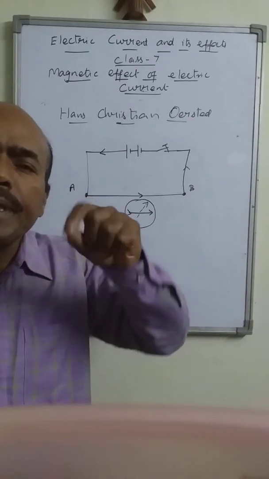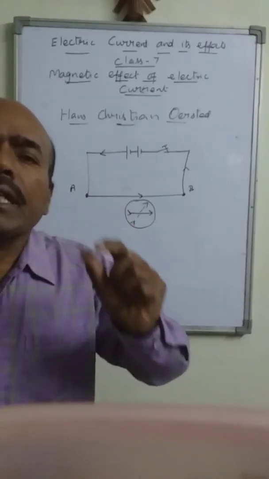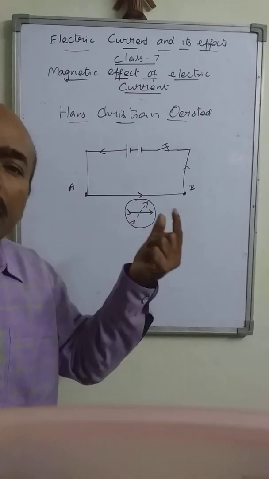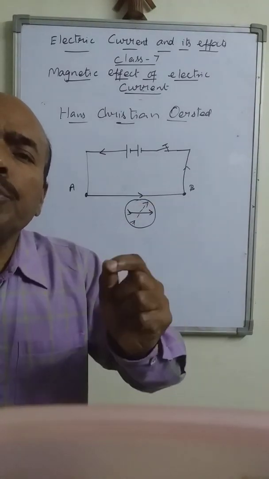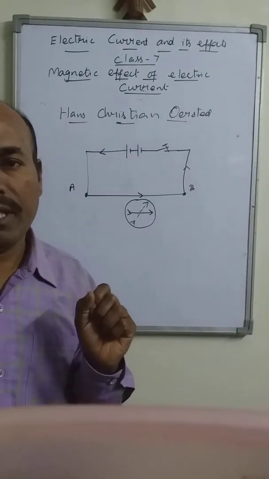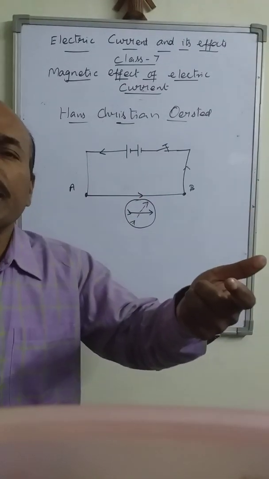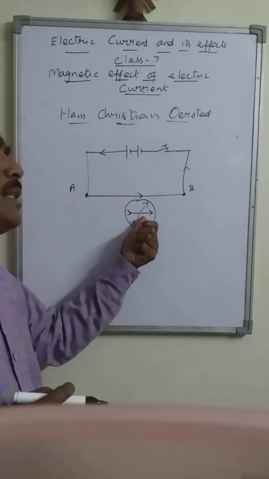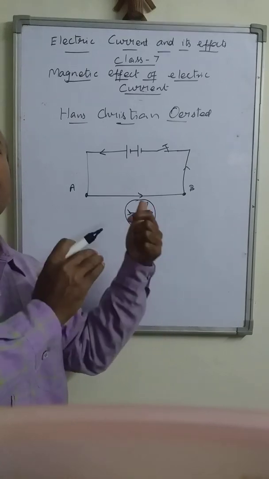From this repeated experiment, he concluded that the compass needle gives deflection only due to the presence of a magnetic field around it, because a compass needle always shows deflection when it is kept in a magnetic field.